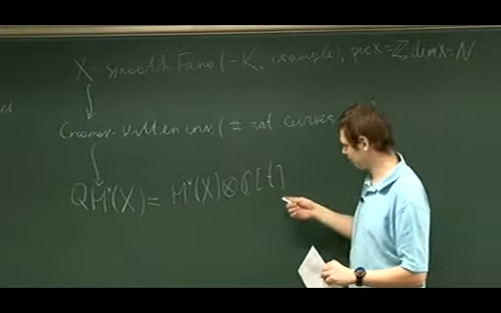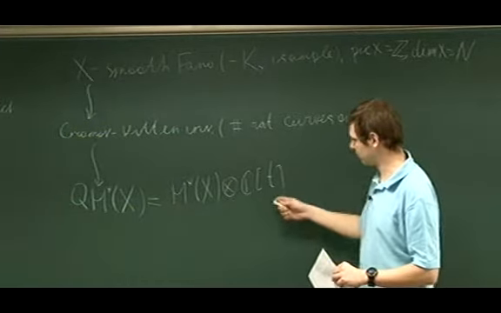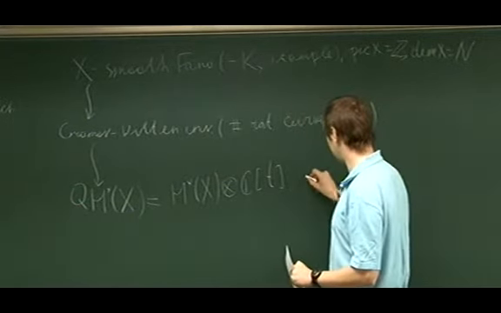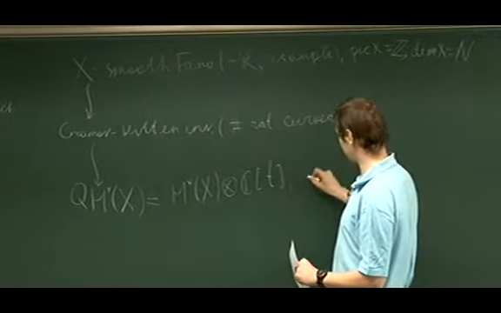Deformation means that if we put t equal to 0, we'll get just the ordinary cohomology ring, and there is a quantum multiplication.